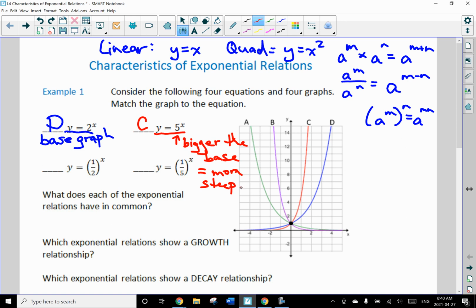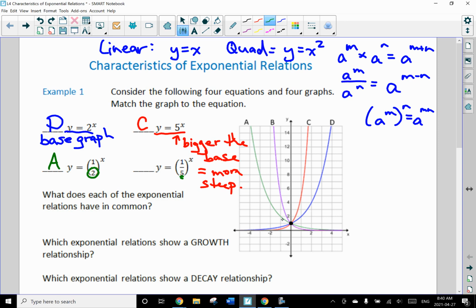Okay. Then we've got these graphs that have a base that's a fraction. This is like 2, this is 1 over 2, this is 5, and 1 over 5. We're going to look and see what happens with these relationships. So the 1 over 2 graph, I'm going to tell you right now, that is graph A. If I look at the value in the bottom, it's not as large as the value over here.